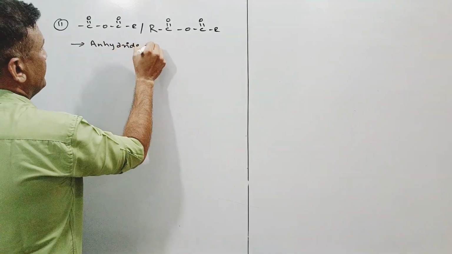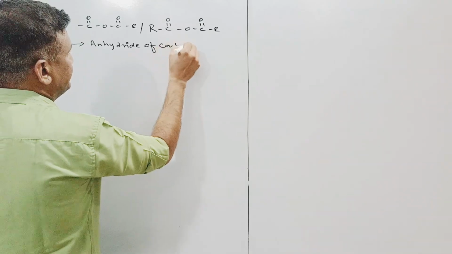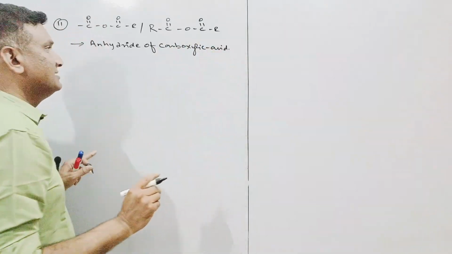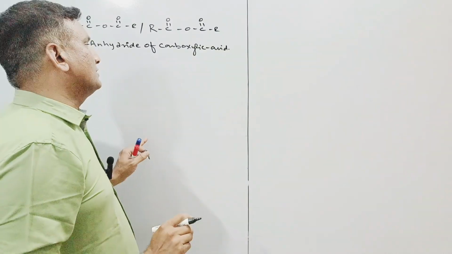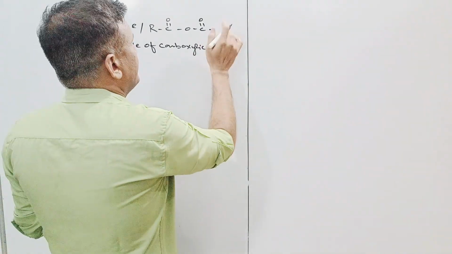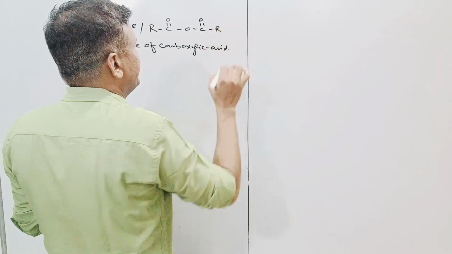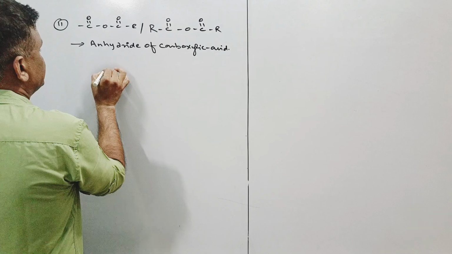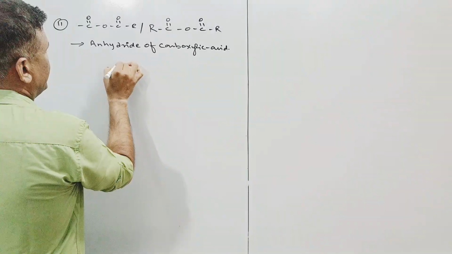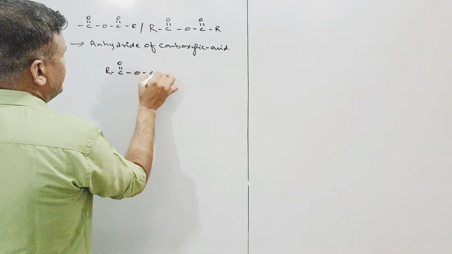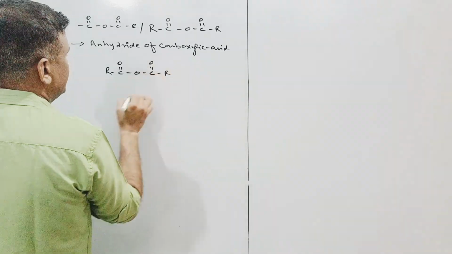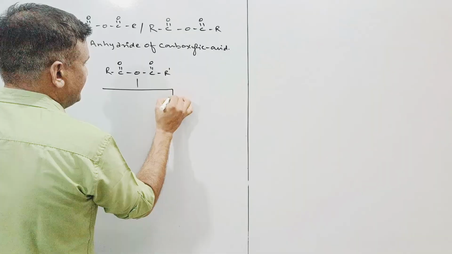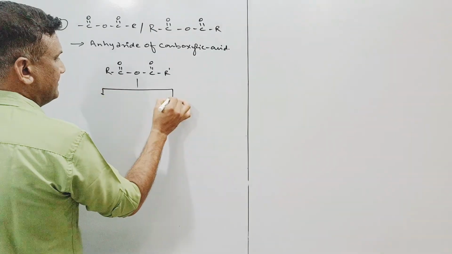Anhydride of carboxylic acid. When there are two molecules of carboxylic acid, then by the removal of water molecule, there will be formation of anhydride. Now the time to discuss about the structure, along with the type of anhydride. There are two types of the anhydride.